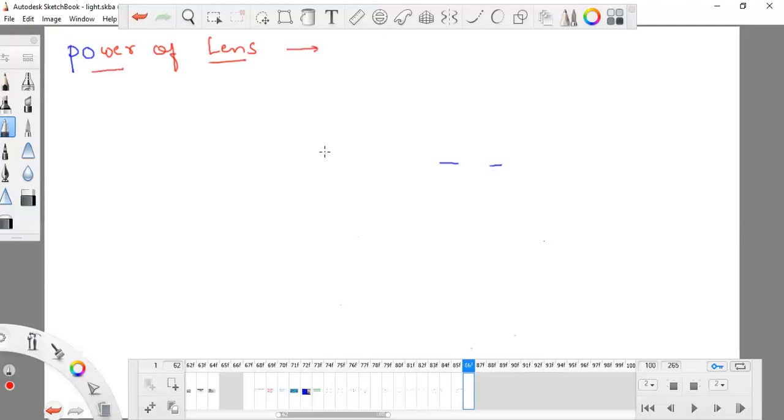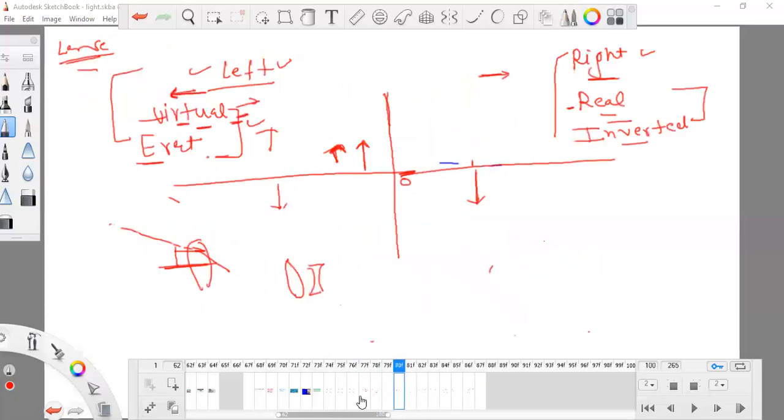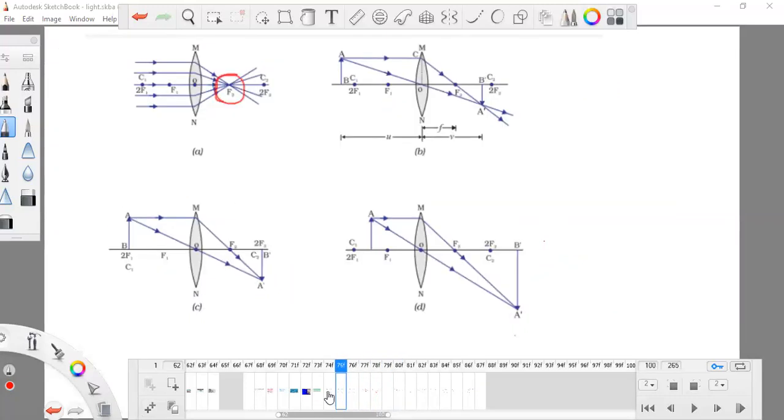Remember one thing, the power of a lens is the ability of the lens to converge or diverge light rays. What is convergence and divergence? In this case it is converging the light rays.